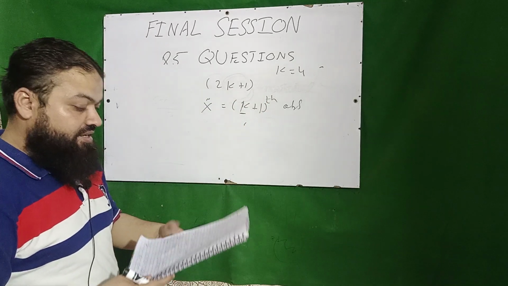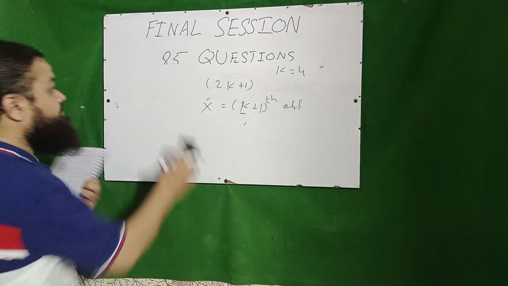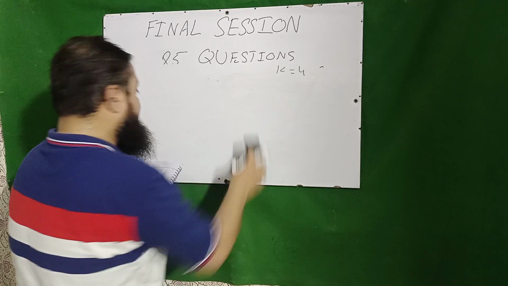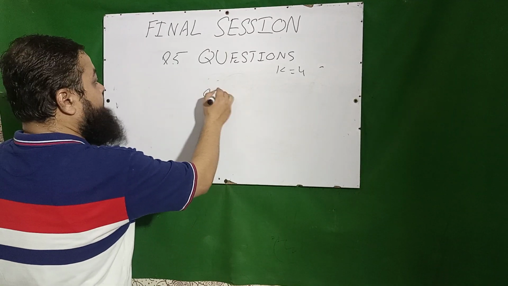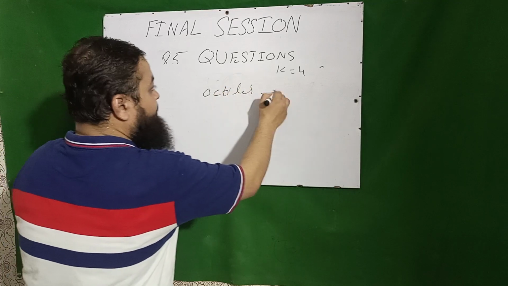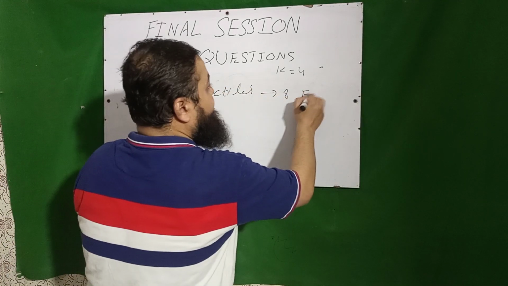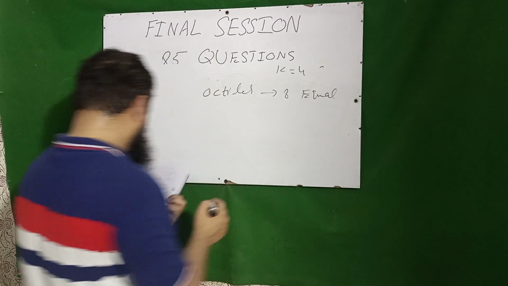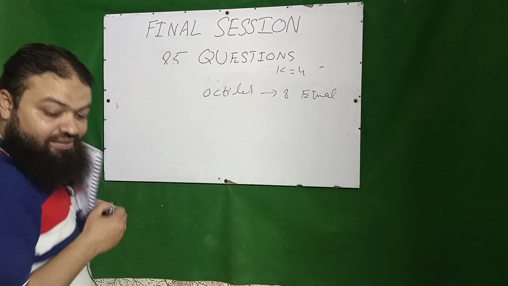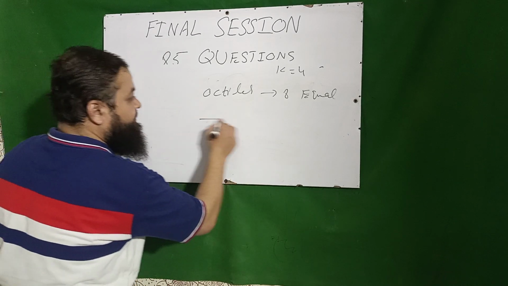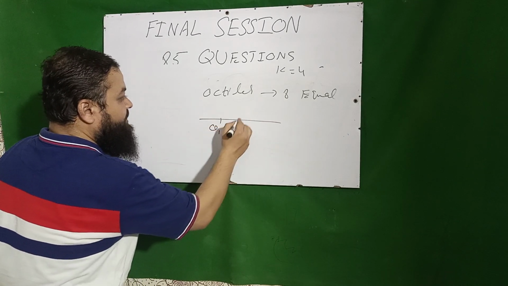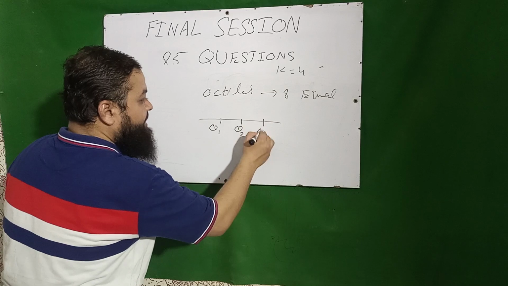Next is quintiles, means 5 equal parts, and octile means 8 equal parts. Octiles, a value which divides the data into 8 equal parts. Dear students, I want to discuss a very important thing. If we talk about the quartiles, here we have Q1, here we have Q2, here we have Q3.